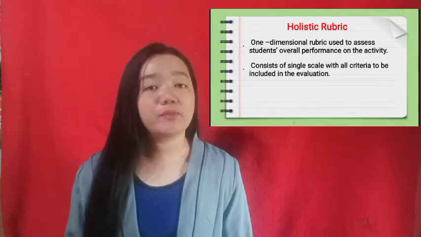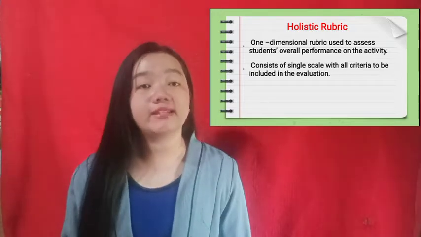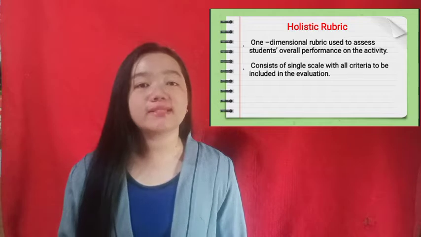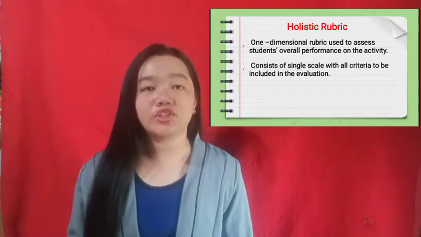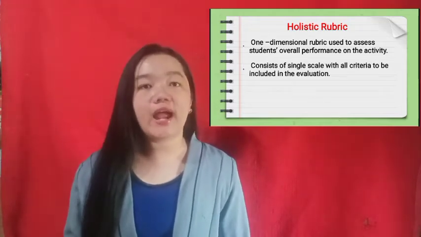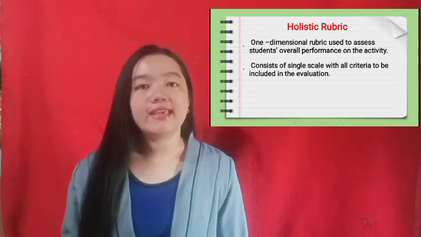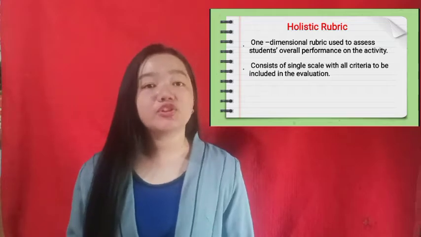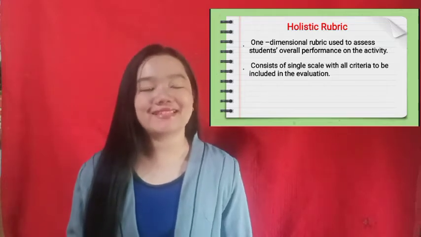While a holistic rubric is a single criterion rubric, or it is one-dimensional, used to assess participants' overall achievement on an activity or item based on predefined achievement levels. Its performance descriptions are written in paragraphs and usually in full sentences.